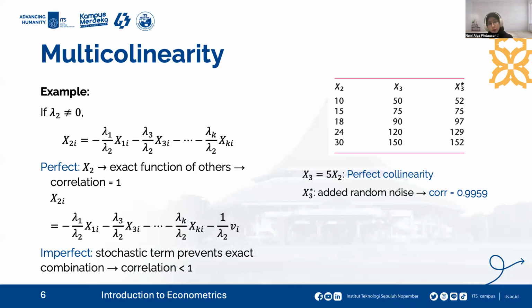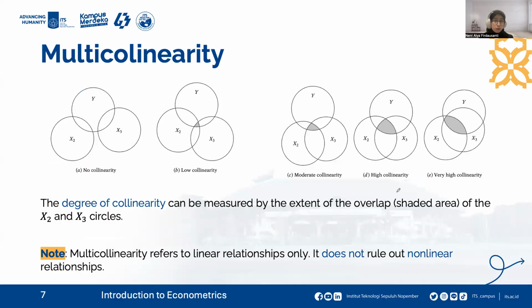Here we know that x3 is 5 times x2, so they have a high correlation. When we talk about multicollinearity, we are not talking about whether there is or is not multicollinearity in our data, but about the degree of collinearity.